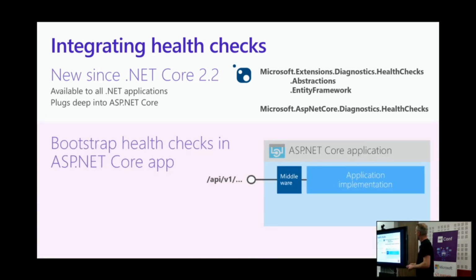And then you need to bootstrap that into your application. So in your ASP.NET Core application, you need to host something. Typically it's an ASP.NET Core application, but it doesn't have to be. It can be a standard background worker process as well. But you will need some middleware if you have some endpoint that you can query.